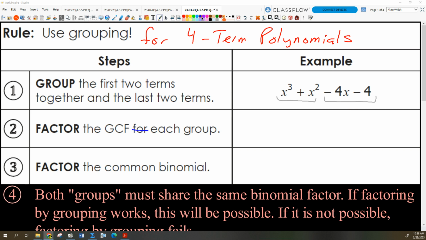For group 1, we're going to factor out the GCF. So looking at the first two terms, what is the GCF? X squared. Everybody agree that's the biggest thing we could undistribute. So we factor that out.